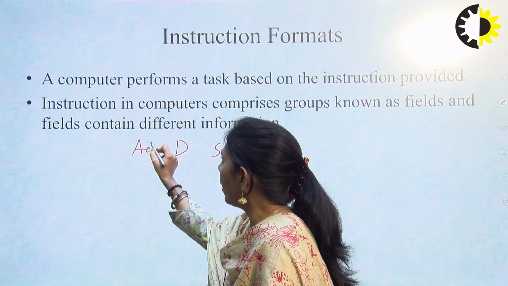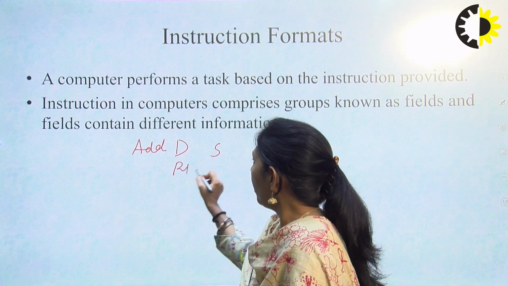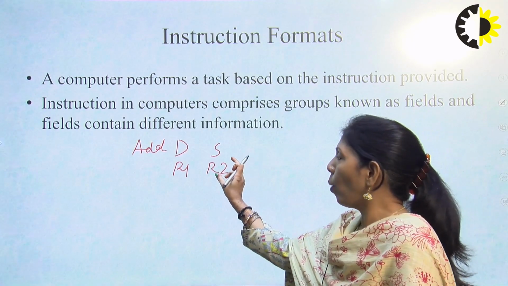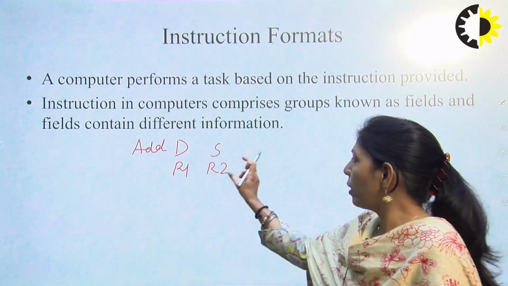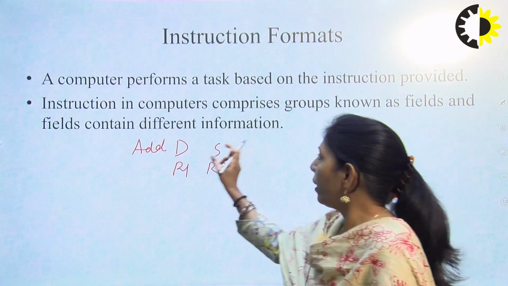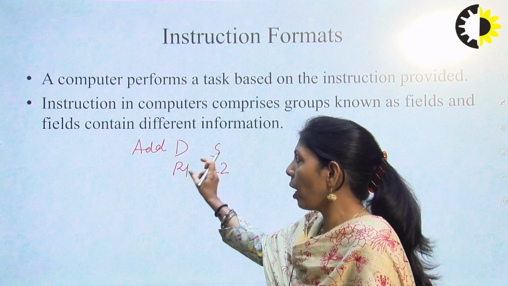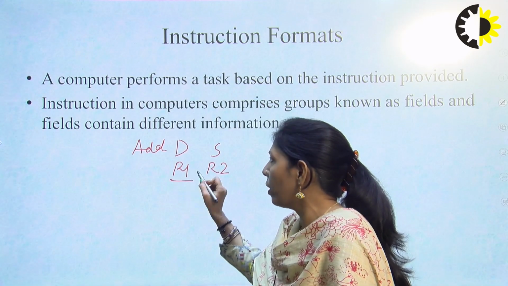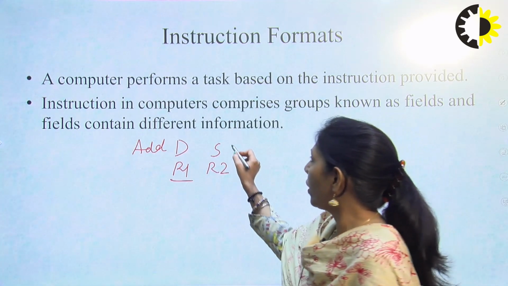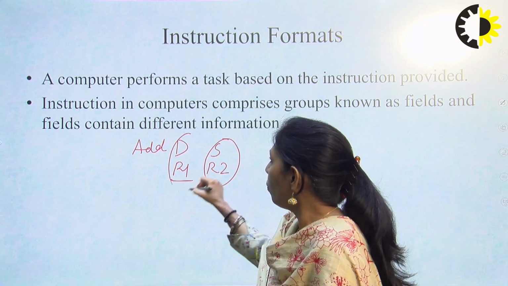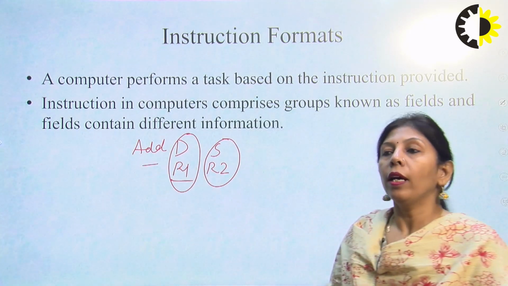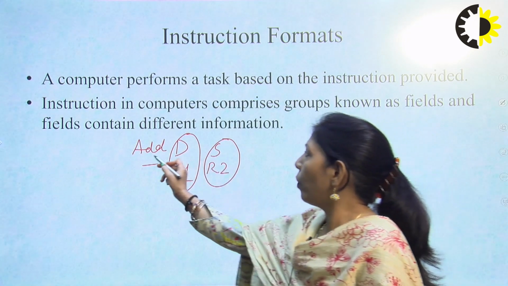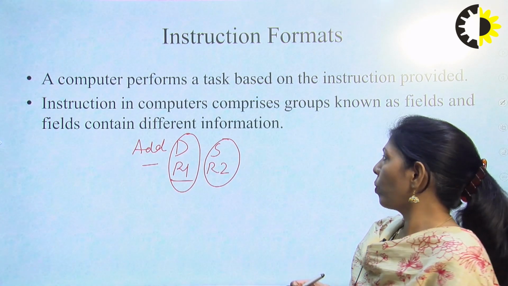Like if we say ADD R1, R2, that means we are using the operand that is lying inside the register R2 and adding it to the destination register R1 and storing it there itself, in R1. So here, the verb that I was talking about is ADD, that means what has to be done.